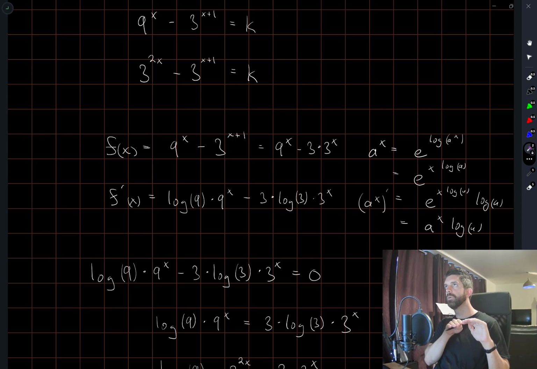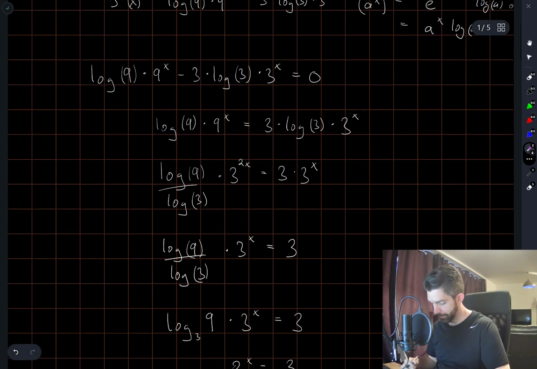Then it has some critical point, a horizontal tangent, which would correspond to either a minimum or a maximum. But then it goes off to positive infinity. So this horizontal tangent has got to be a local minimum, which would make it a global minimum.